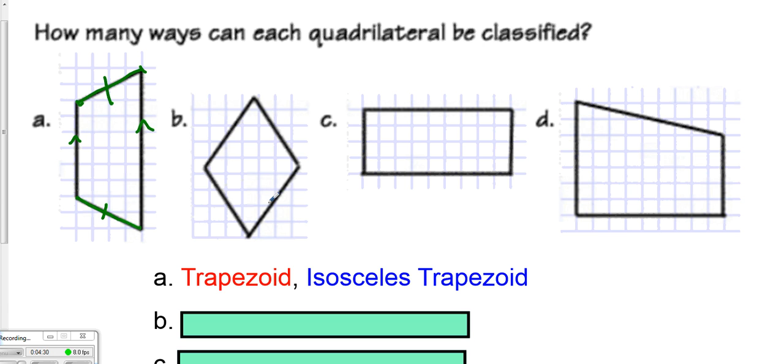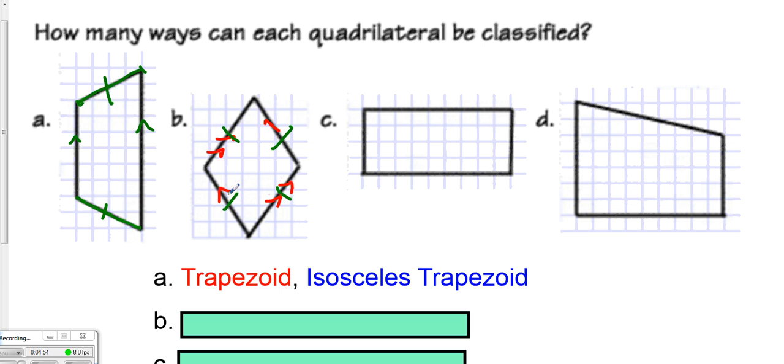Similarly, here we have a figure going from this point. It's not exactly right on a point, so it's hard to tell, so we're just going to eyeball this one, but it looks like this is parallel to this one, this is parallel to this one, and congruent, congruent, congruent, congruent.